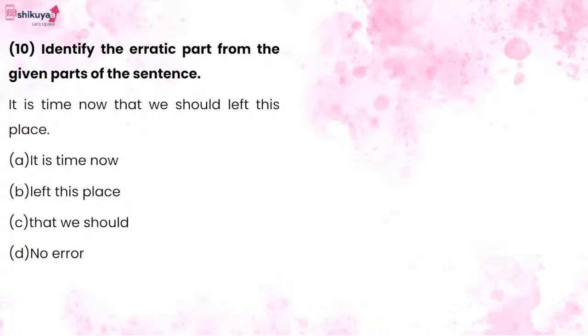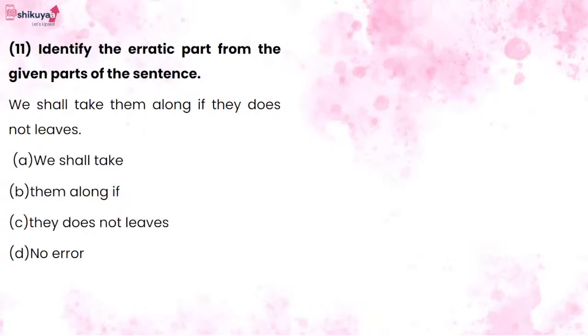It is time now that we should leave this place. Definitely leave this place, right? It is present tense. So which part is the errored one? It is part B. Got it? So the error is in part B. Your answer would be option B.